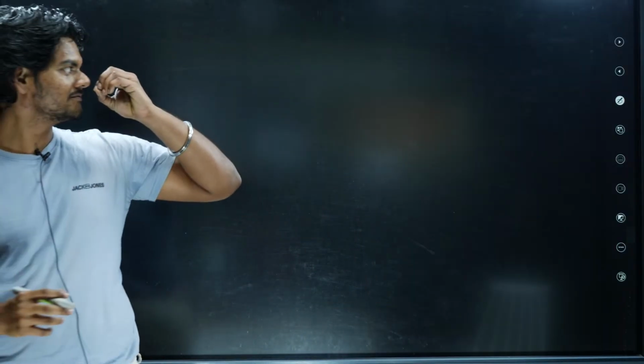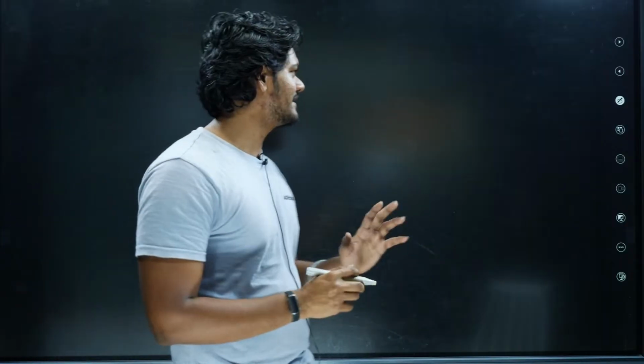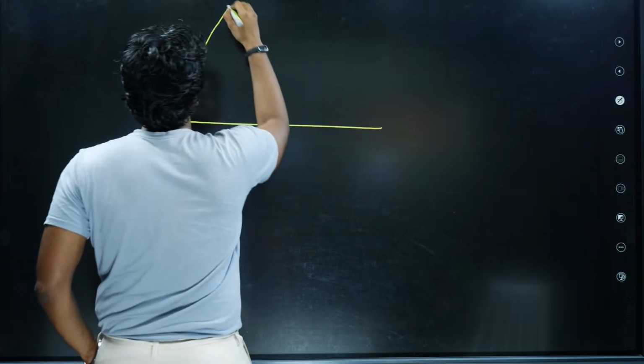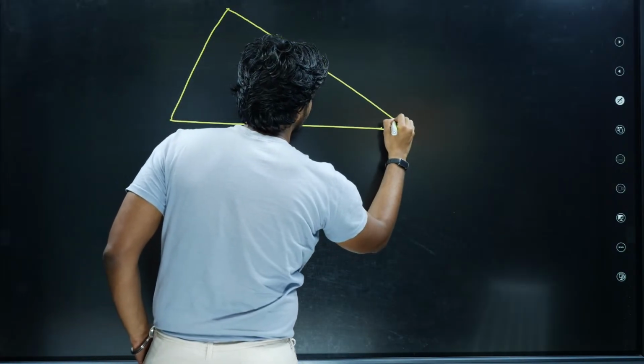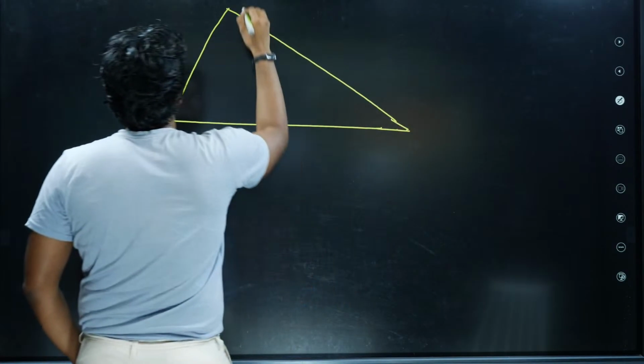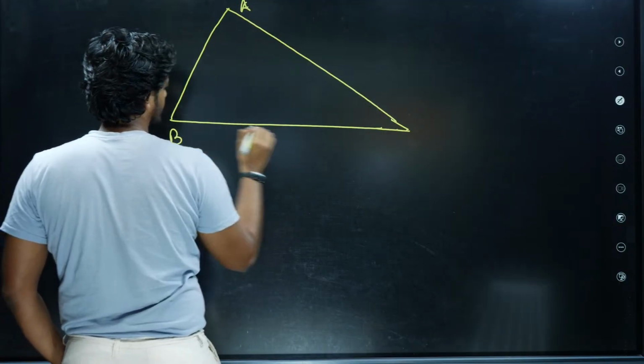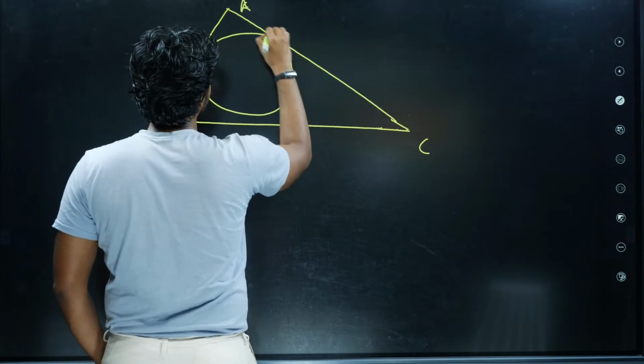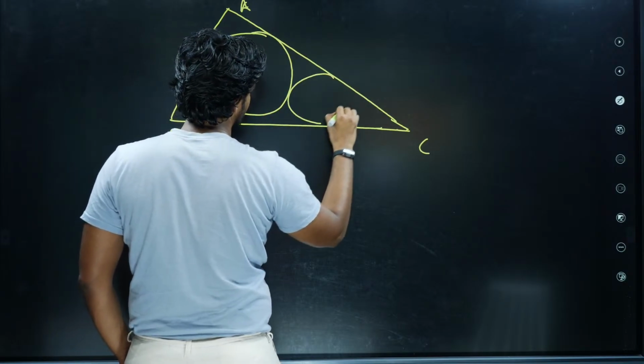It requires a little bit of basic trigonometry. So let's have a look. I have a triangle. This is A, this is B, this is C. I have an incircle and this circle, let's say.